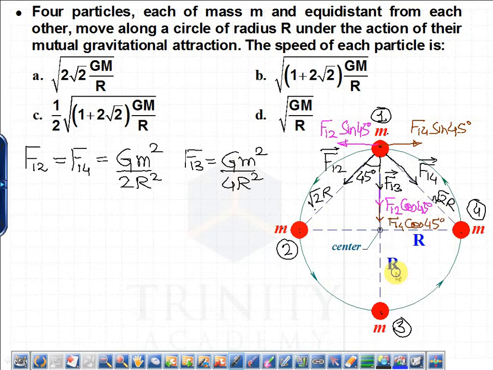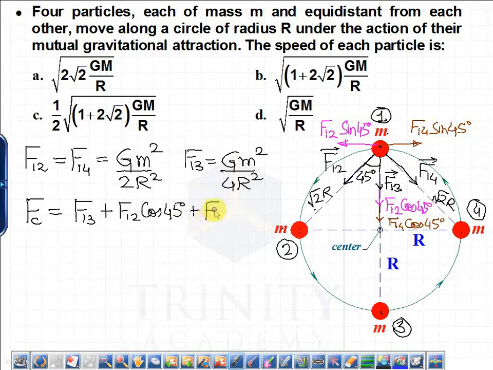will provide the total or net centripetal force. So we can write centripetal force Fc is equal to F13 plus F12 cos 45 degree plus F14 cos 45 degree.